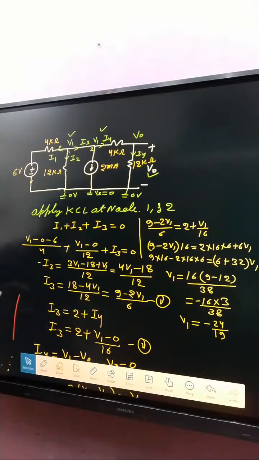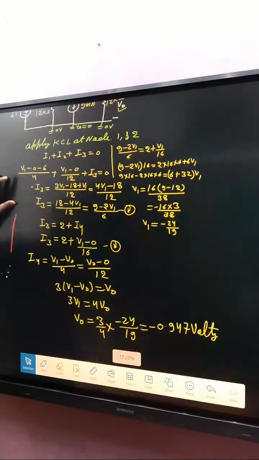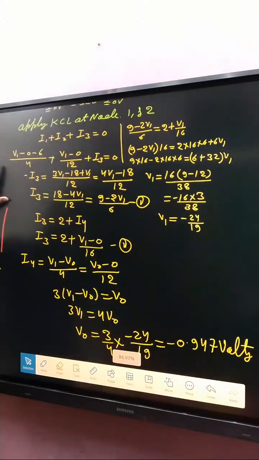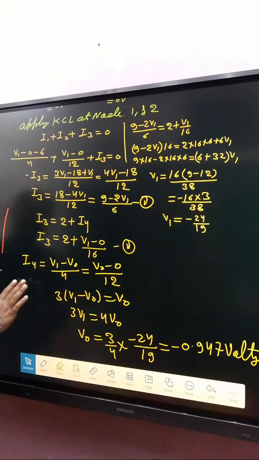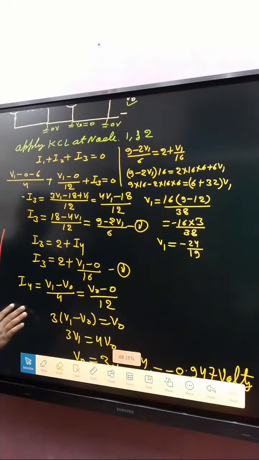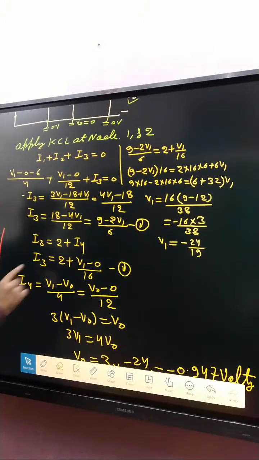Now next is I3. I3 is equal to 2 plus I4.